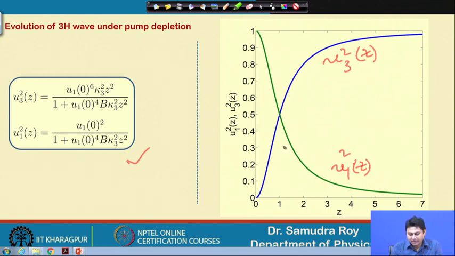So, this is quite an expected thing: when I launch the fundamental field at z equal to 0, the total energy was here, in the fundamental wave, and gradually the fundamental wave decays, its energy or intensity decays, and as a result this energy is used to feed the third harmonic wave.